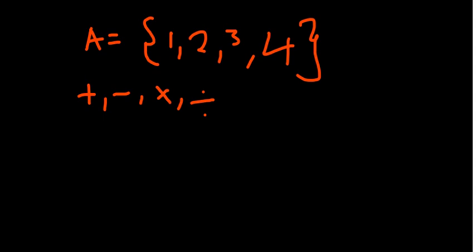So when is it a binary operation and when is it not a binary operation? It's a binary operation when the result is within the given set. So 1 plus 2, you have what? 3. Is it within the set?